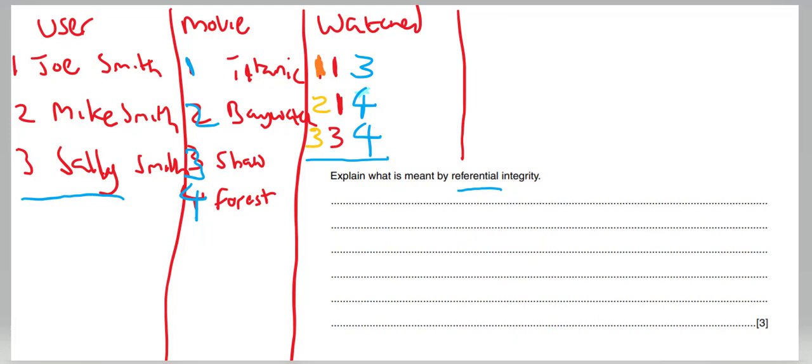If we delete Sally Smith and the information is kept in here, we don't have referential integrity anymore. Our data is inconsistent. This is saying that we've got someone with ID number 3 who watched Forrest Gump. But we don't have anyone with an ID of 3. Therefore, we've got inconsistent data. So we don't have referential integrity anymore.